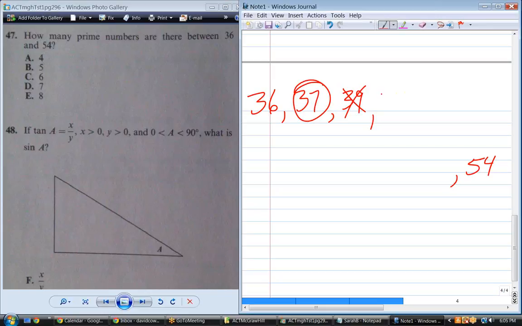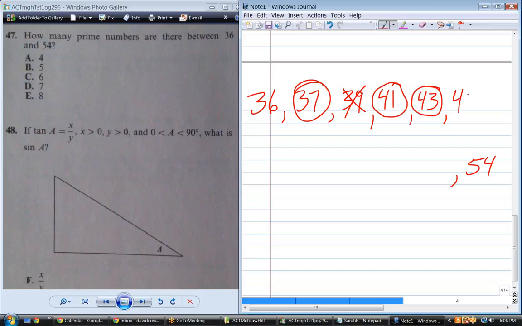Okay. 41? Yes, it is prime. 43. Yes. We also don't need to check any numbers that end in 5.